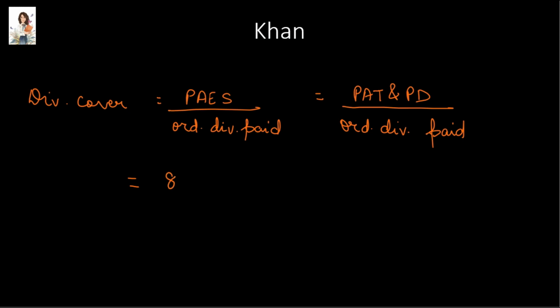Therefore, dividend cover ratio will be 890,000 upon $440,000. That is equal to 2.02 times. That is, the profit available for equity shareholders is 2.02 times the ordinary dividend paid, or the ordinary dividend paid is less than half of the profit available for equity shareholders.